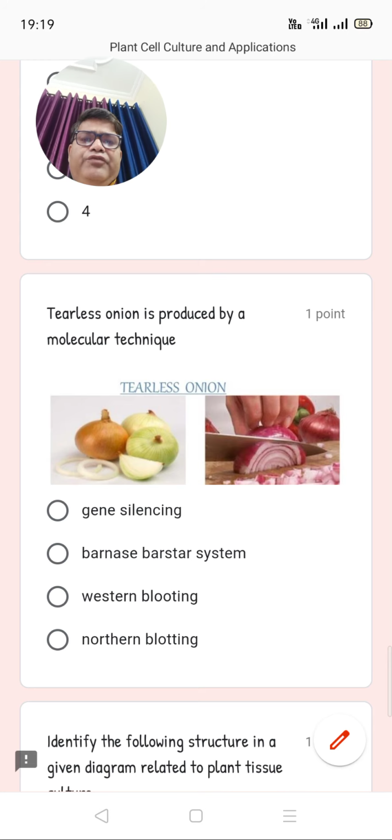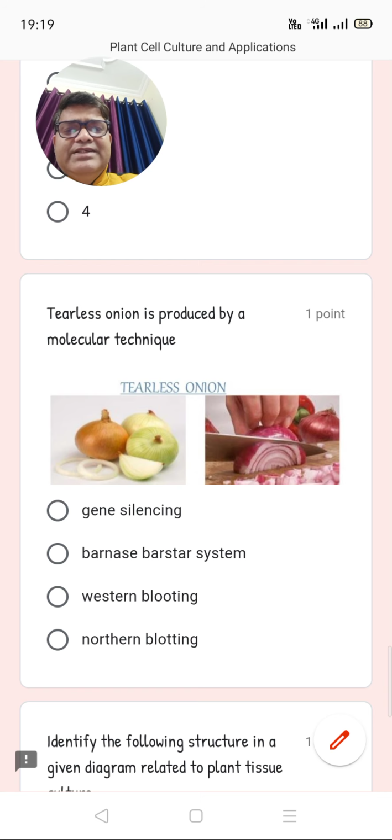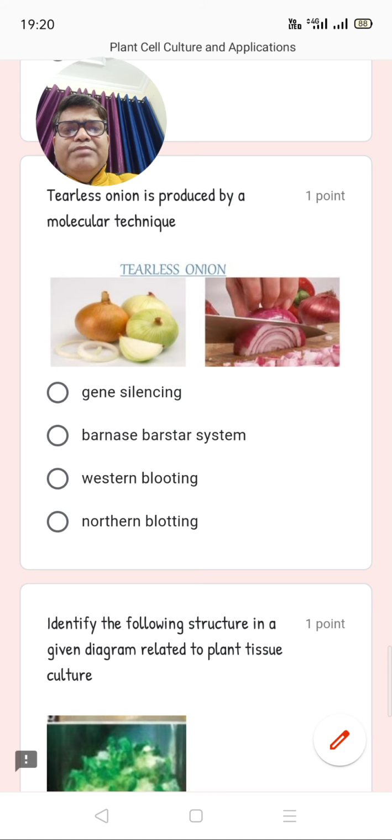So we get a tearless variety of onions, by creating a transgenic onion plant through gene silencing. Just go through the choices: gene silencing, first choice; Barnase-Barstar system, second choice; western blotting, third choice; northern blotting, fourth choice. So the correct answer is gene silencing.